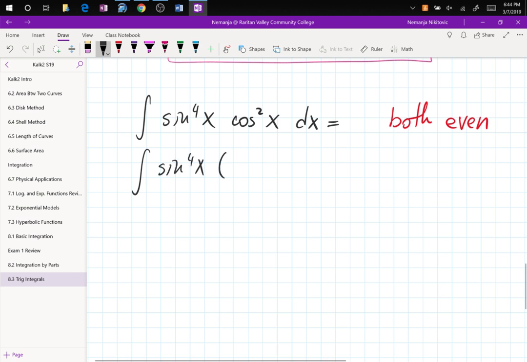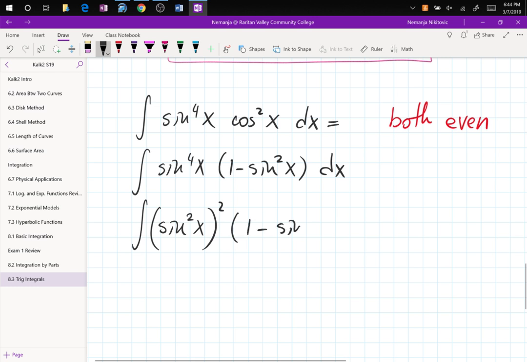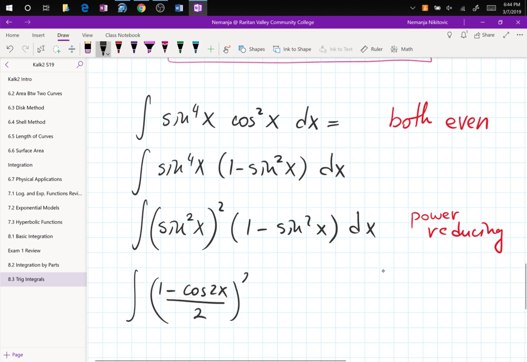Sine 4x, 1 minus sine squared x dx, which is sine squared x squared, 1 minus sine squared x dx, and then power reducing: 1 minus cosine 2x over 2 squared times 1 minus cosine 2x over 2 dx.